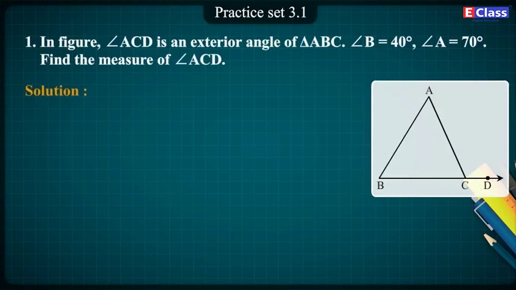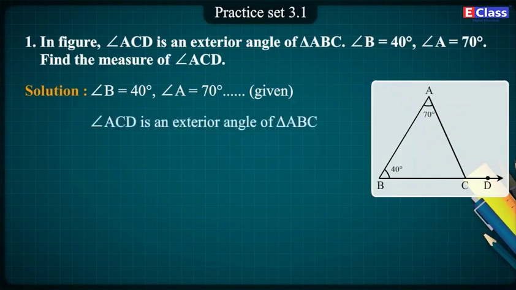Solution. Angle B is equal to 40 degrees. Angle A is equal to 70 degrees, which is given. Angle ACD is an exterior angle of triangle ABC.